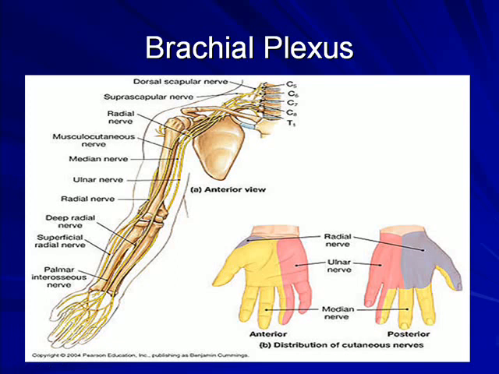And then on the medial aspect, and remember the medial aspect is going to be along the 5th digit or the little finger side. And remember that means it courses over the ulna bone.